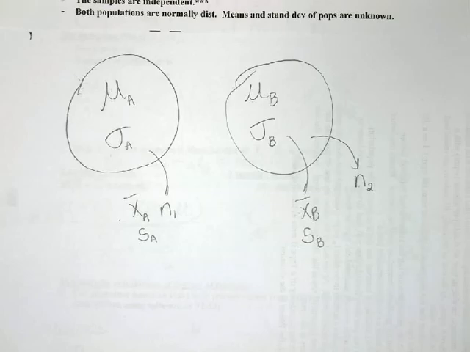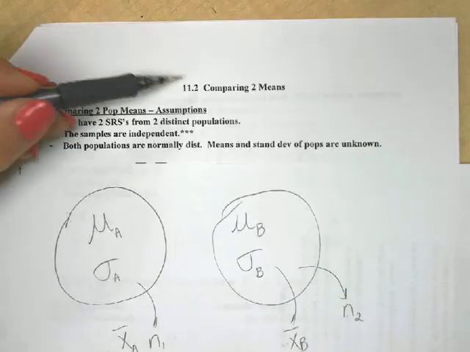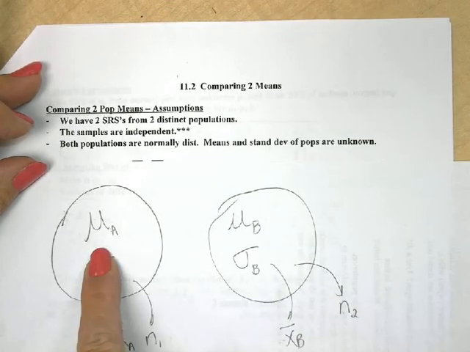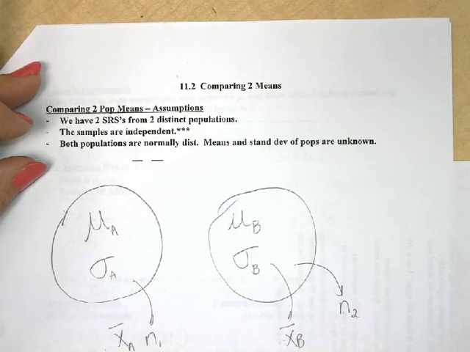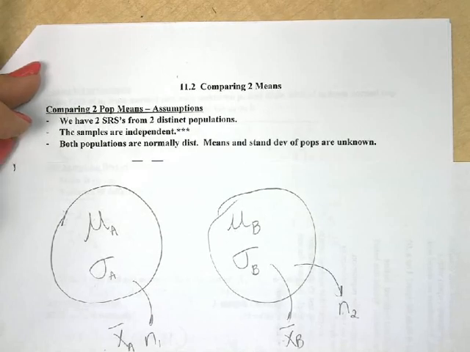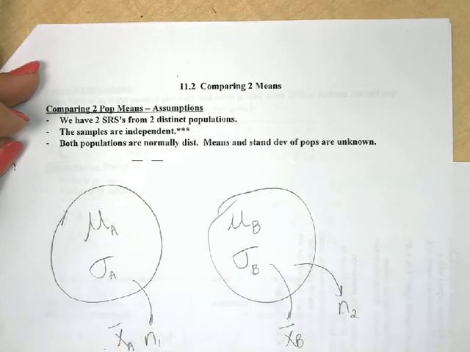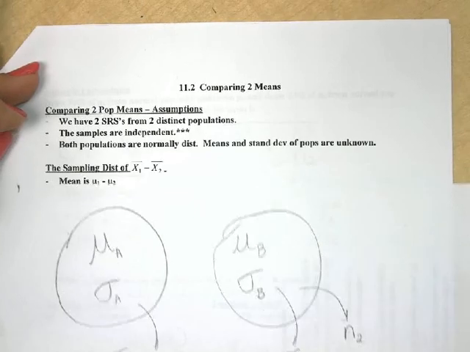The question when we're comparing two means is: are these two means equal? Our analysis today is about how we can determine whether these two means are statistically different or whether we have evidence that they're not different.